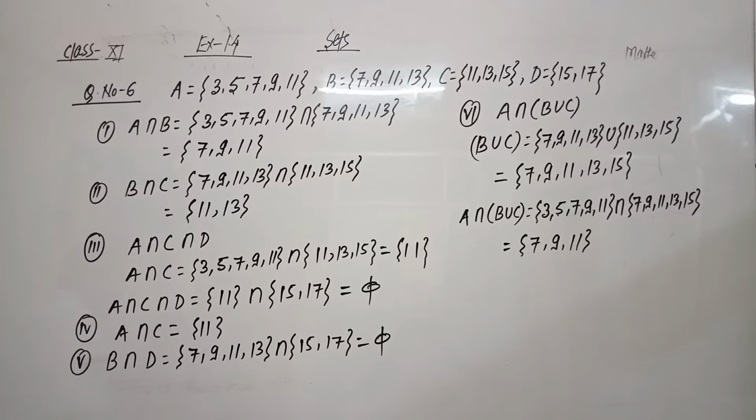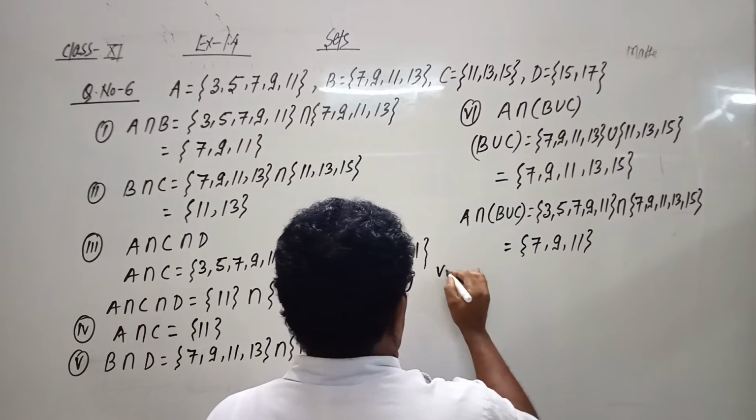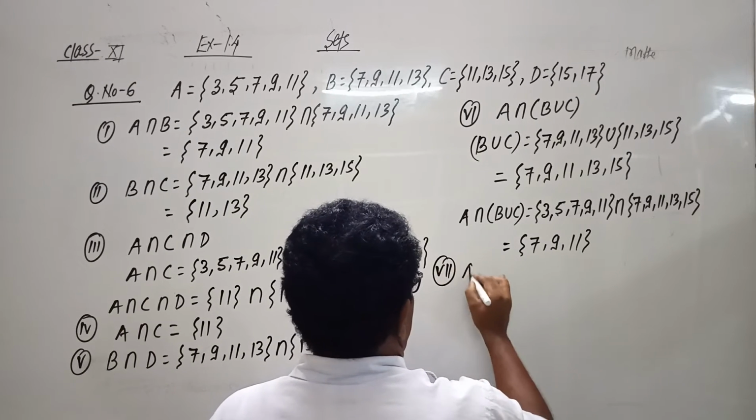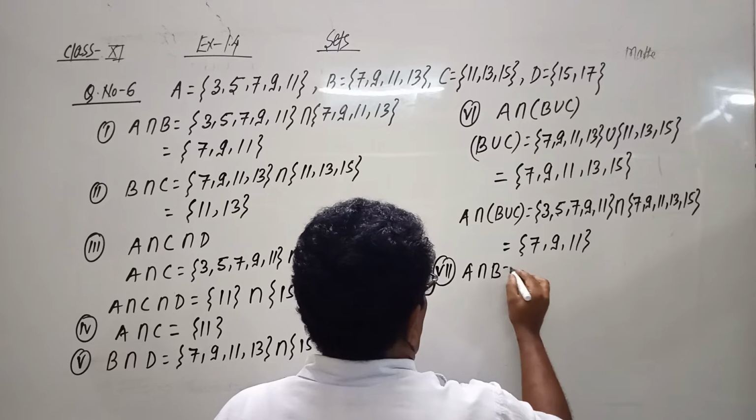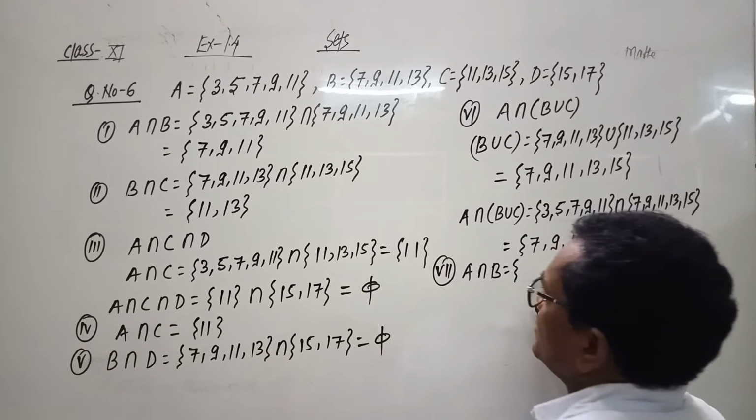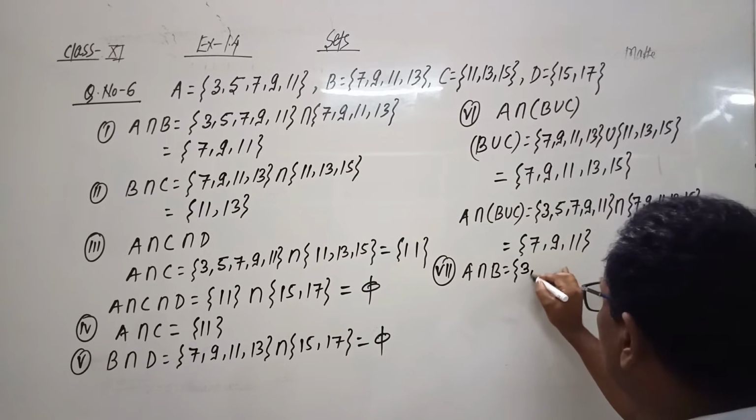Then we have to find A intersection D, seventh part. Set A is 3, 5, 7, 9, 11.